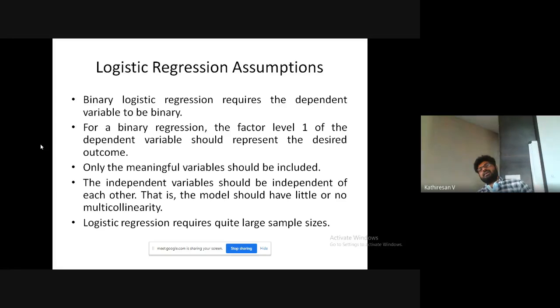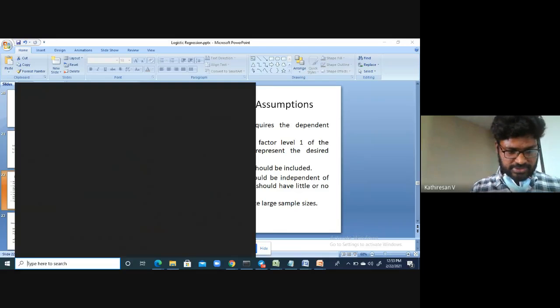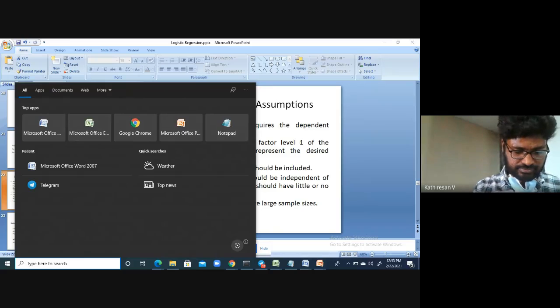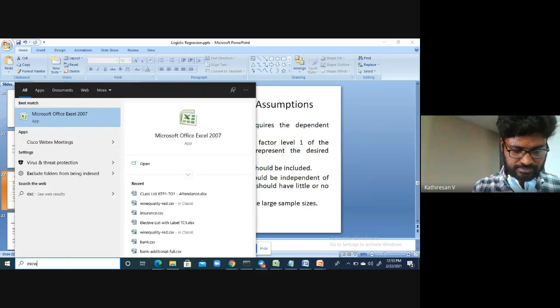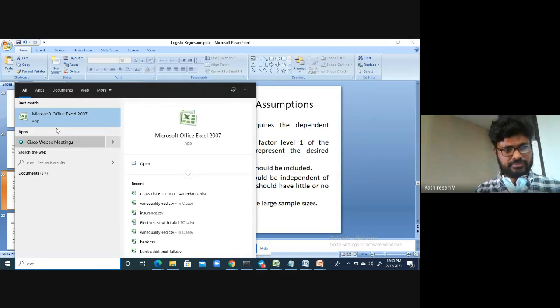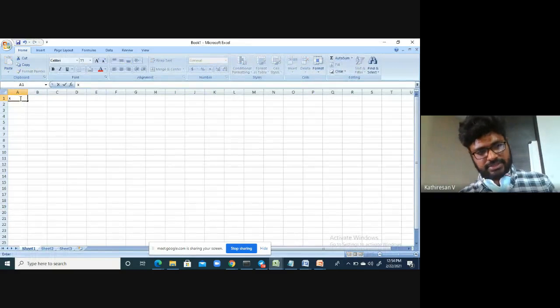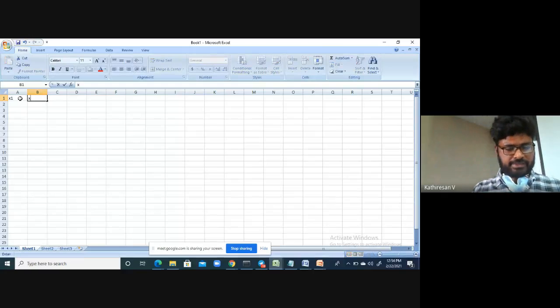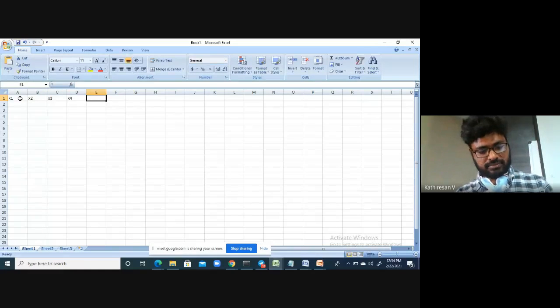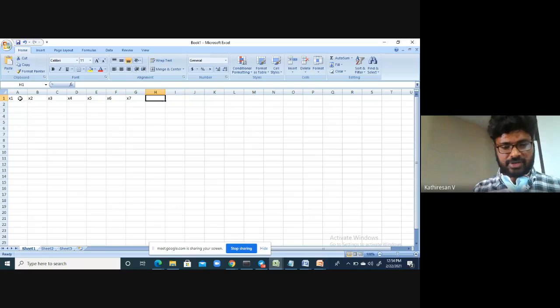While you are doing regression, what you have to consider, for example, I would like to show you something. In Excel I'm writing variables x1, x2, x3, x4, x5, x6, x7, and you have y.